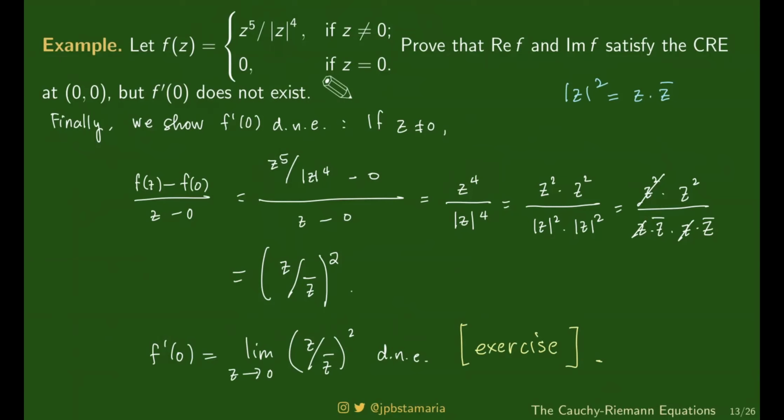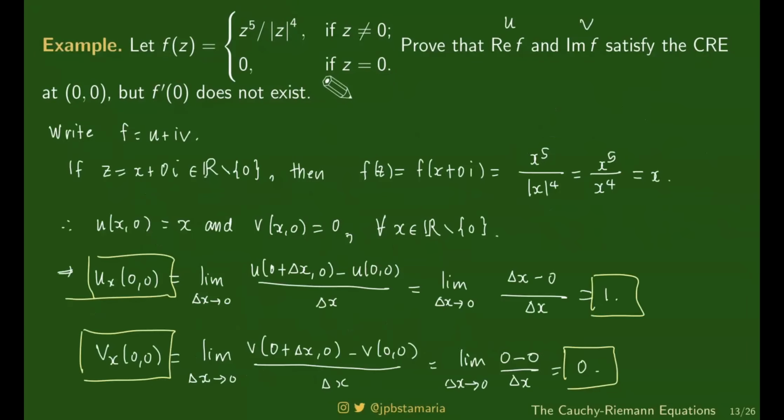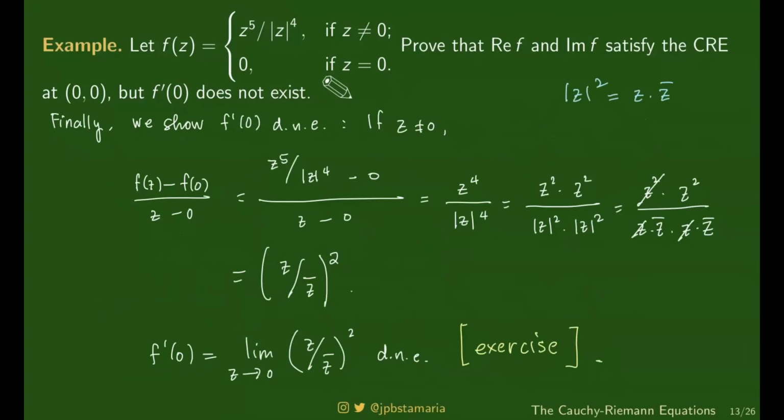Now, syempre, asahan niyo, yung example na to medyo makabagbag-damdamin yung computation na ginawa natin kasi this is a counterexample. And this example really looks like a made-up function. When I say made-up function, sinadya itong ganyan yung definition para masatisfy yung Cauchy-Riemann equations at the same time hindi siya maging differentiable.